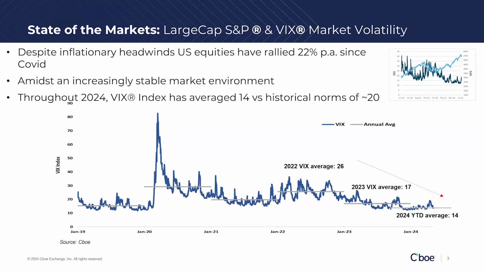As you can see in the graph in the upper right, there's an inverse relationship for the most part between S&P and VIX. Basically, as the S&P rises, VIX tends to fall, and as S&P falls, it tends to rise, right?